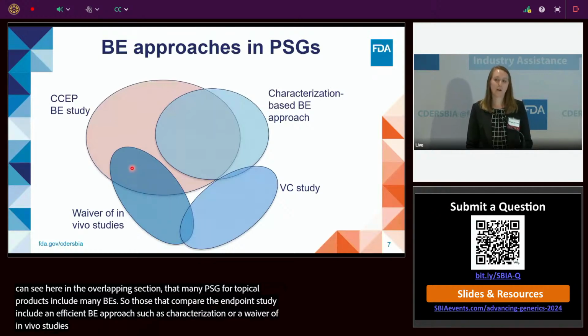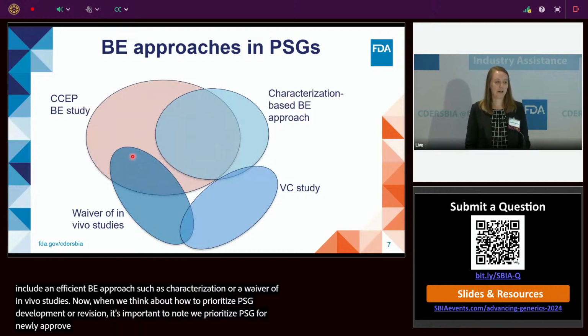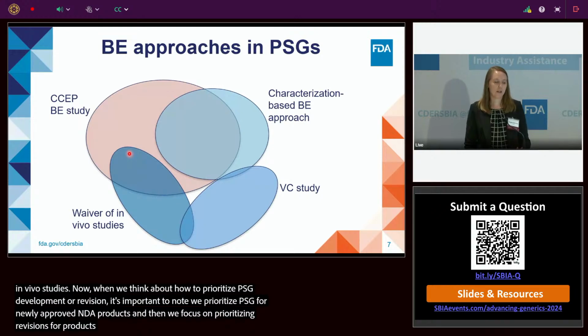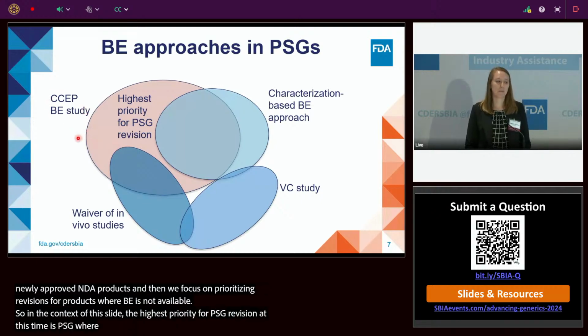Now, when we think about how to prioritize PSG development or revision, it's important to note that we first prioritize PSGs for newly approved NDA products. And then we focus on prioritizing PSG revisions for products where efficient bioequivalence approaches are not yet available. So in the context of this slide, the highest priority for PSG revision at this time are PSGs where we only recommend a comparative clinical endpoint study.